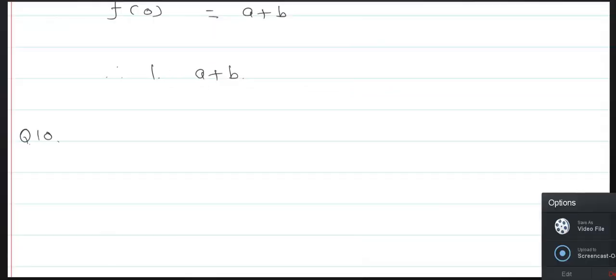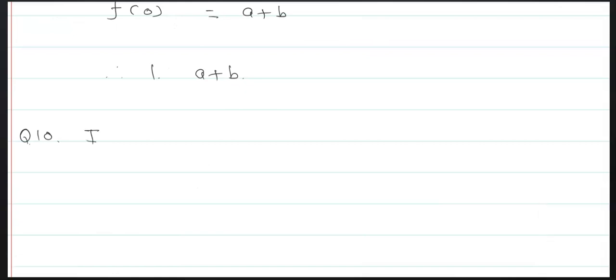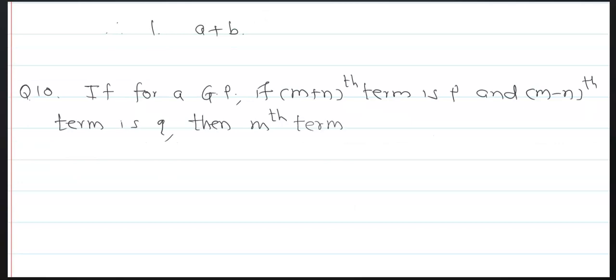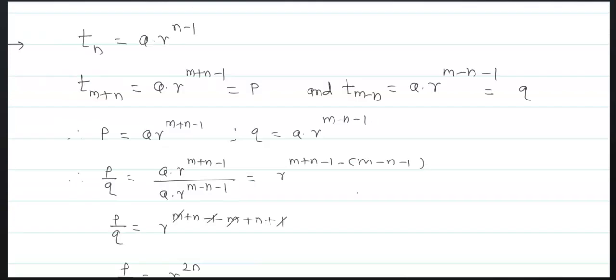Now next is: for a GP, if the m plus nth term is p and the m minus nth term is q, then the mth term is p upon q, or the square root of pq.